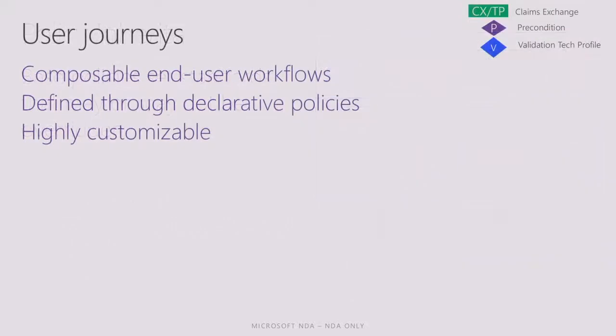Let me move forward and talk a little bit about user journeys. Anytime an application sends a request to Azure Active Directory B2C, whether it's an IEF policy or a B2C policy, there is a policy ID that comes in the request.